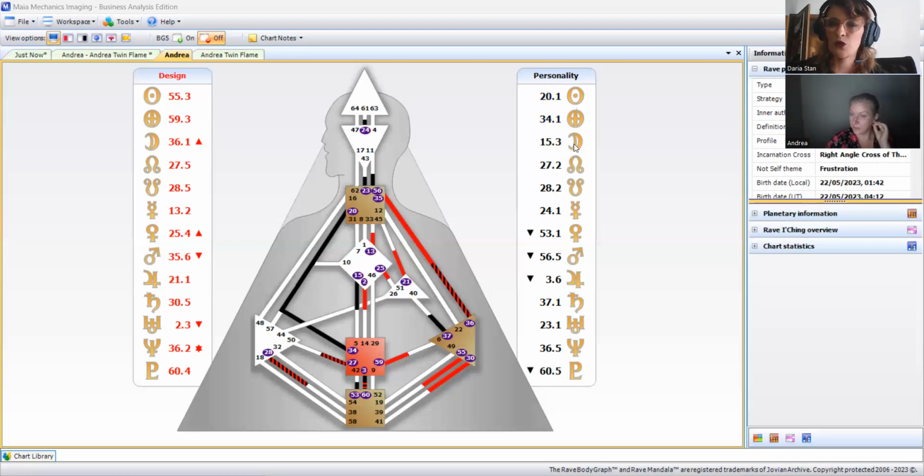So you might experience now, starting from now till 2030, a big surge of spirituality, a big surge of awakening, a big surge of unexplained things happening to you.